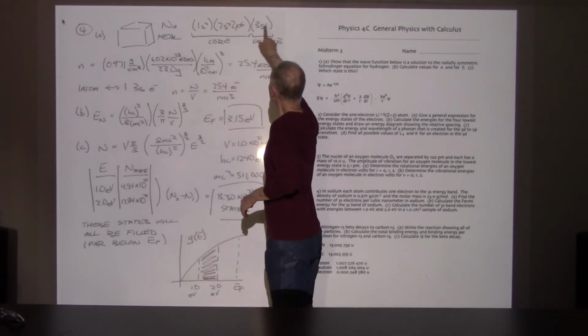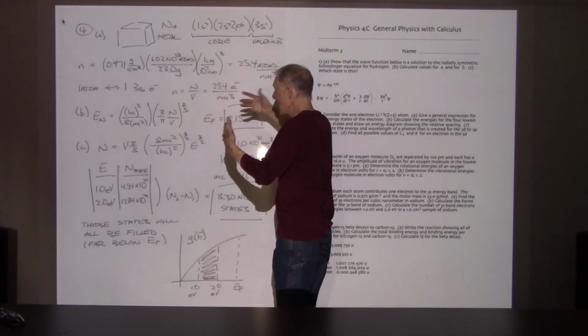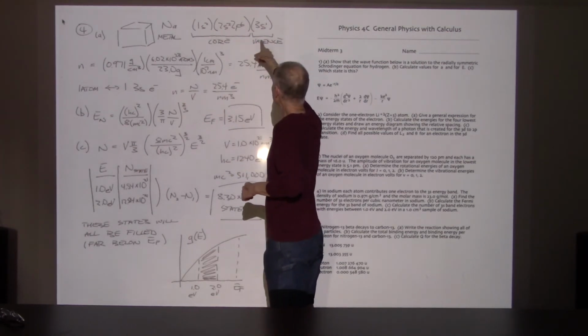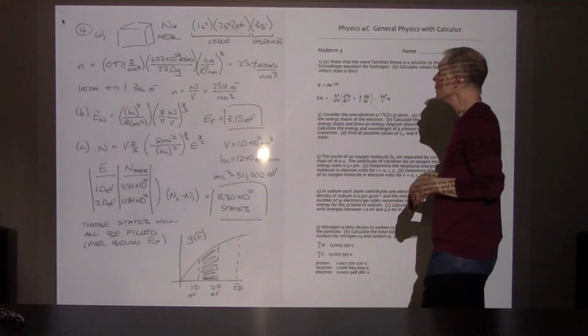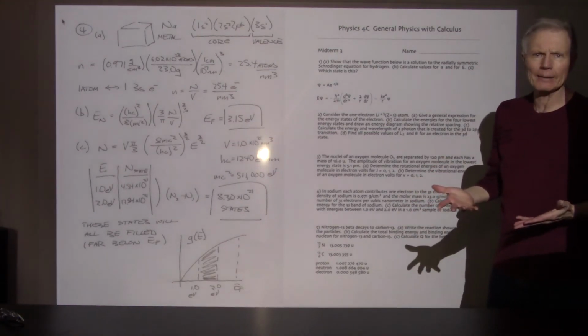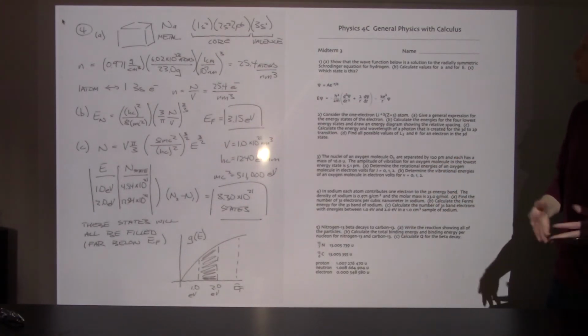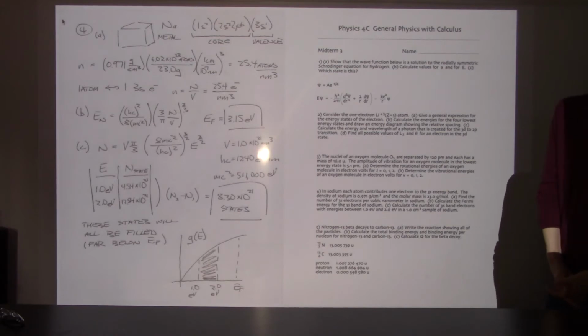Since we're looking at 1 electron per atom, that's what we're seeing with the electron configuration. The number of electrons per volume for the 3s band of quantum states in particular is going to be that very same number, 25.4.